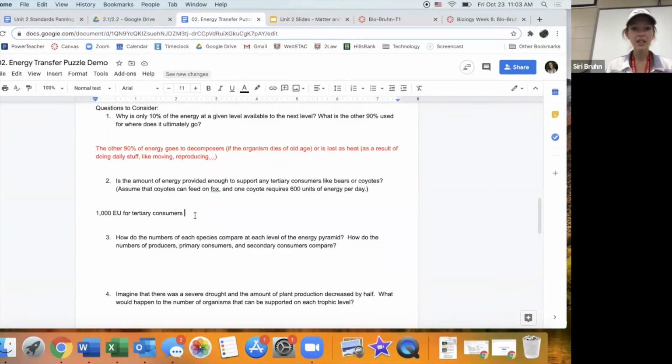It's asking you, is there enough energy to support tertiary consumers like a bear or a coyote? Assuming that a coyote could feed on a fox, which makes it a tertiary consumer. And we're saying a coyote requires 600 units of energy per day.